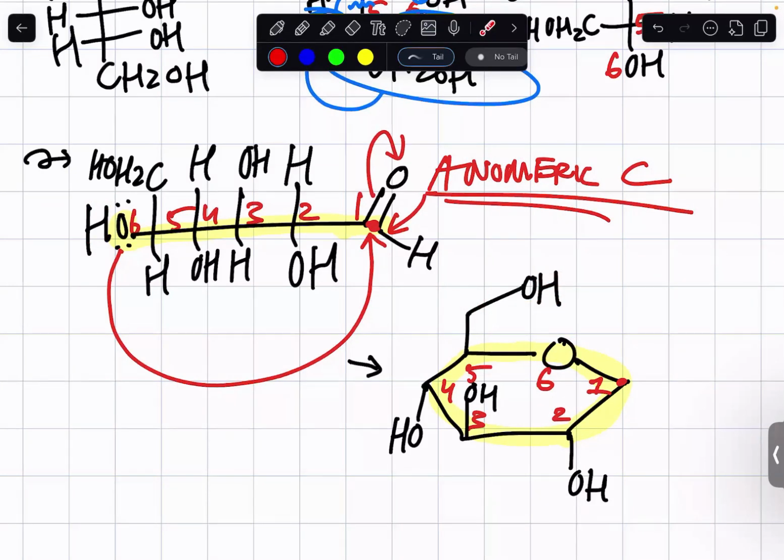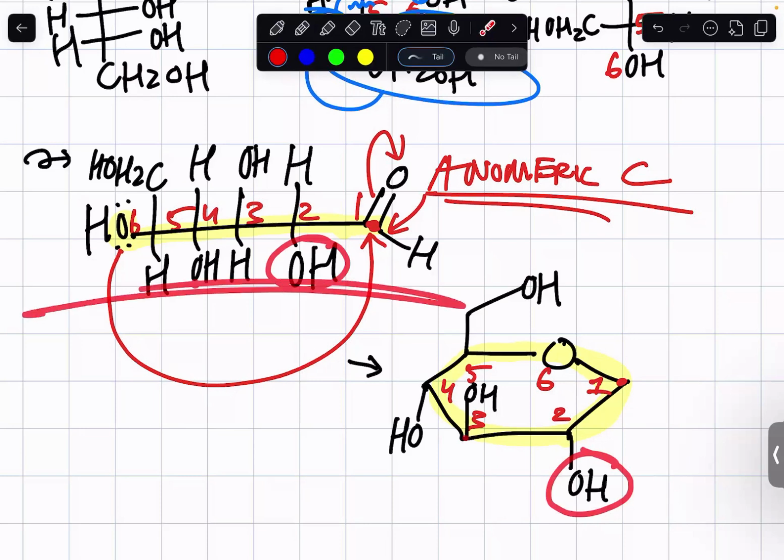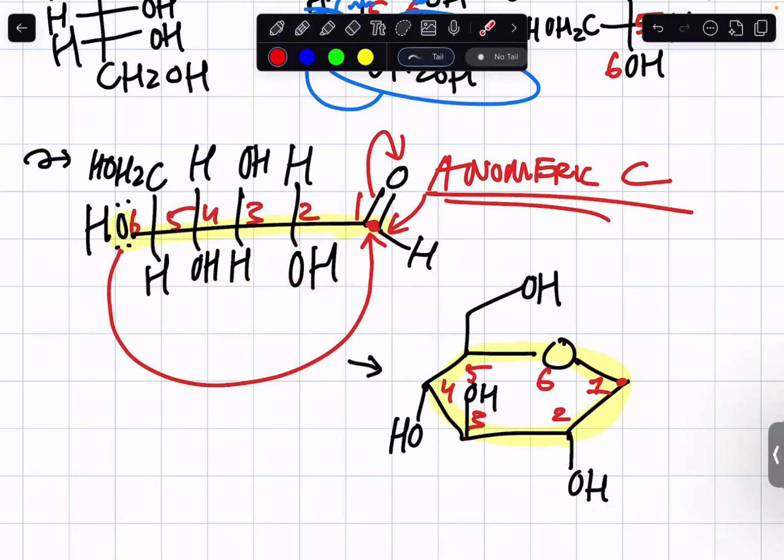So now, at 2, the OH is down, just like the Fischer projection. At 3, the OH is up. And then 4, the OH is down. And then 5, the CH2OH is up. Is that what you're talking about? Okay.